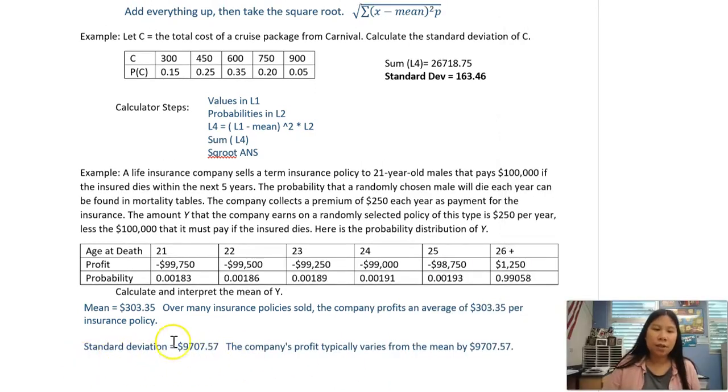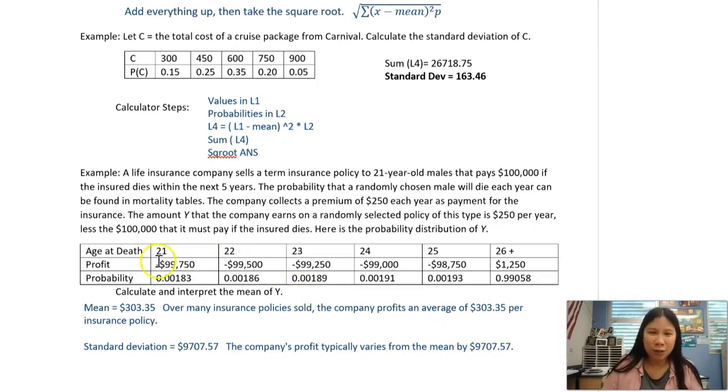So our standard deviation, we got $9,707.57. What this would mean if we were to interpret this is for the company, their profit would typically vary from the mean of $303.35 by $9,707.57, which is like a really big range here because we're really spread out.